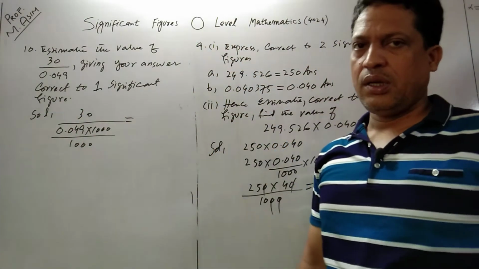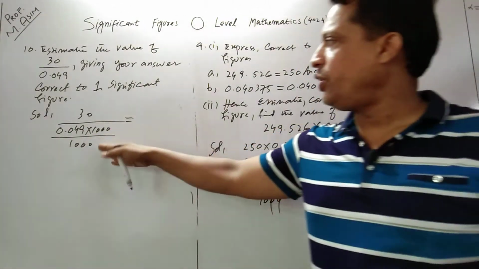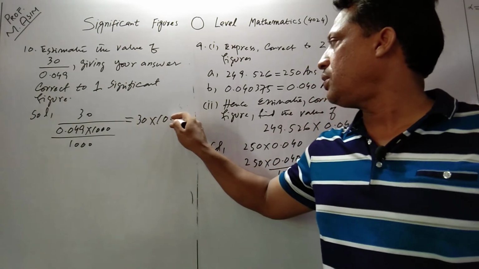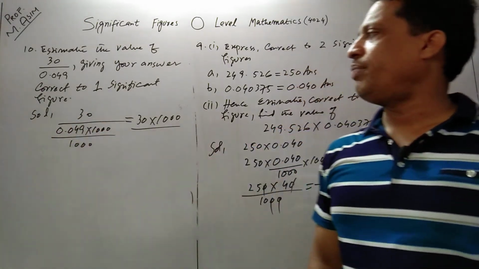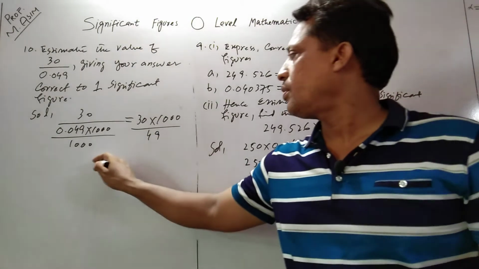Is equals to, this last denominator should become numerator. So 30 into 1000 divided by 0.049 multiply by 1000 becomes 49.